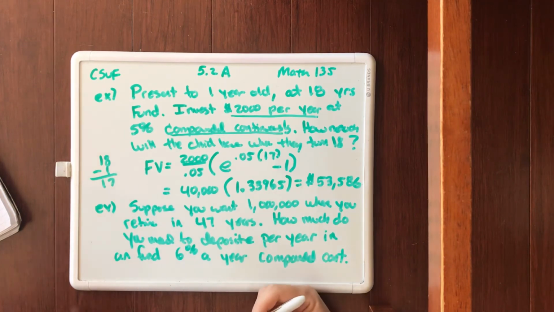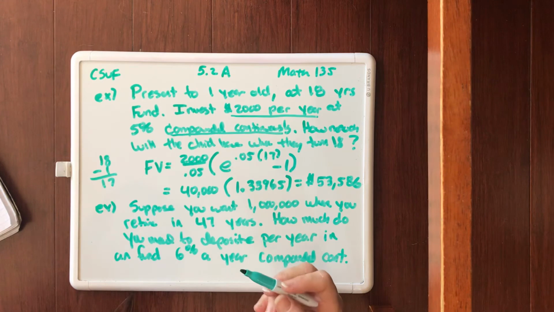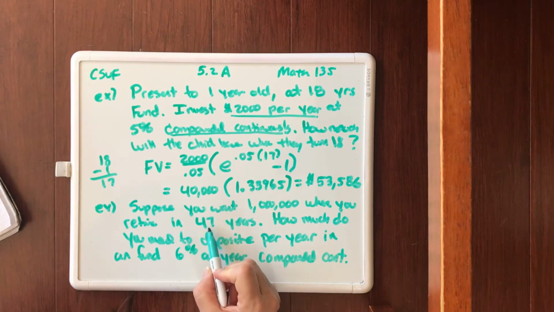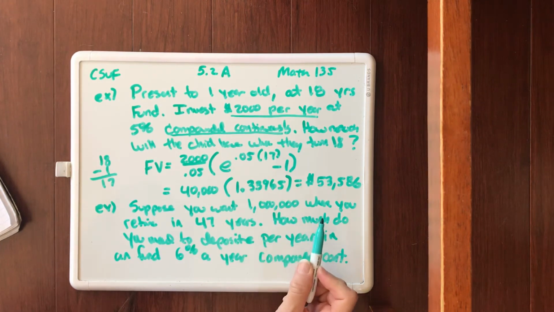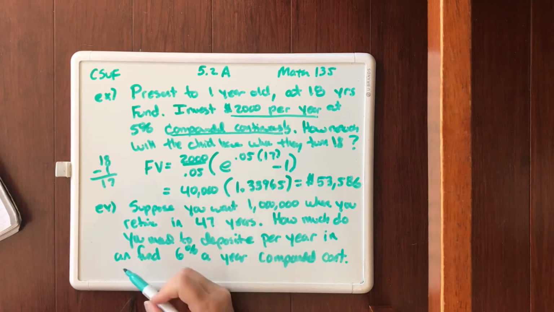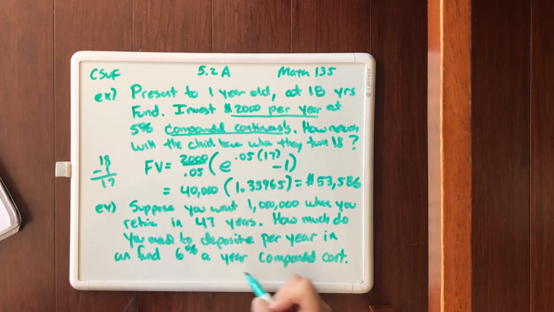So you want $1 million when you're done in 47 years. How much do you need to deposit per year in a fund at 6% a year, compounded continuously?